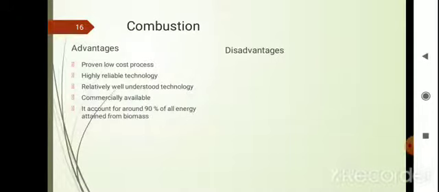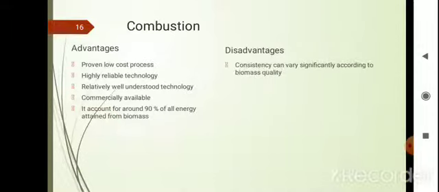That is the most important thing. Worldwide, if you take the energy produced from biomass, 90% comes from biomass combustion. Only the remaining 10% accounts for gasification, transesterification, other bio oil production, and other things. Almost 90% is by direct combustion.